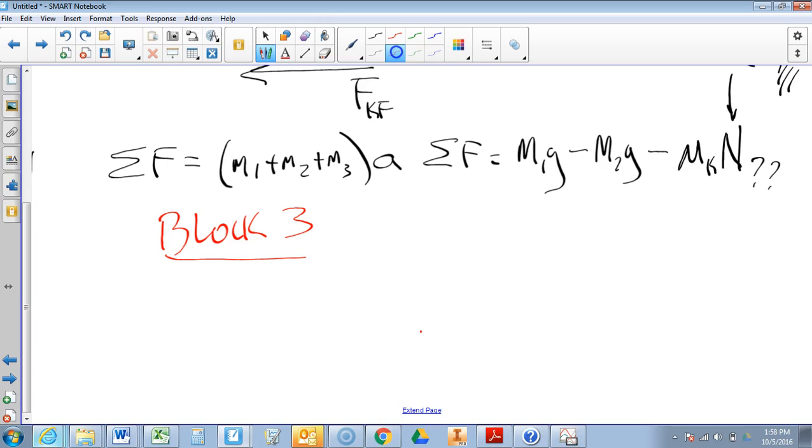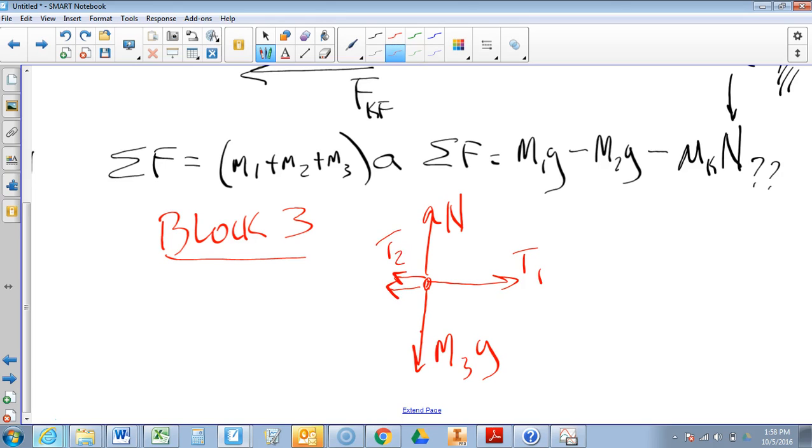Well, you'd have M3G pulling down, and equal to it would be its normal force, correct? And you'd have the tension caused by block 1, and the tension by block 2, and the friction, all acting on block 3.